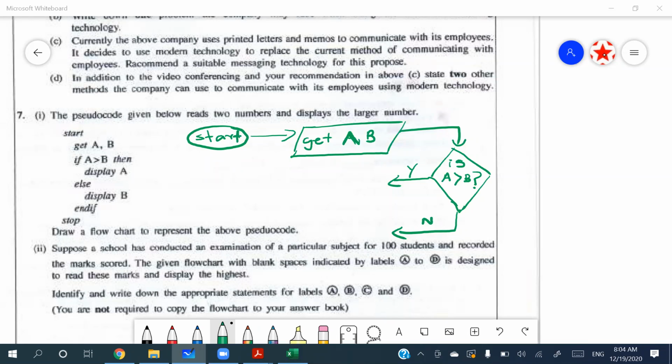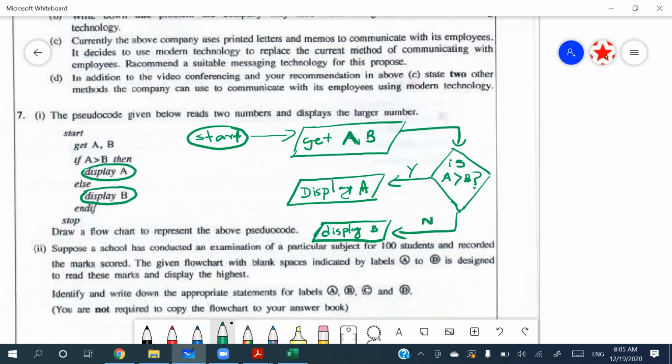So if it is yes, then it is going to be A larger than B, should display A. Then it is an output, so we have to say display A. Then here it should display B. And again, now the yes path, that means if this particular thing is done, so in the else path this particular thing is done.